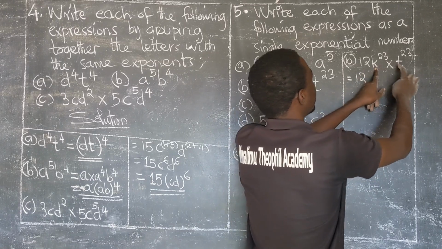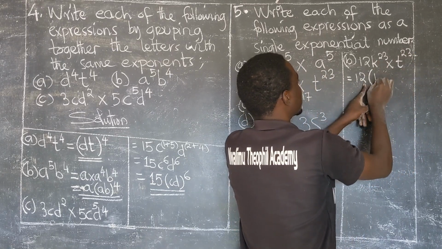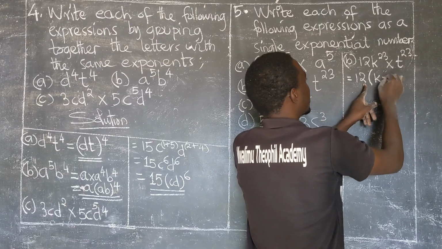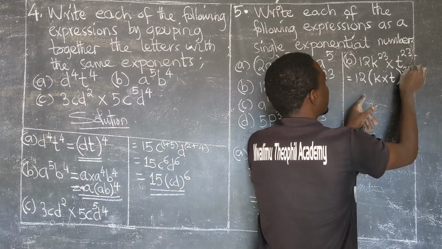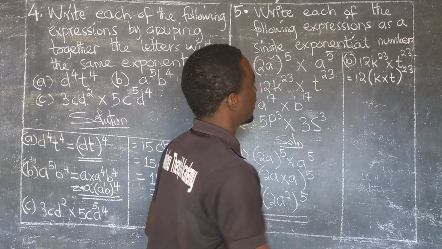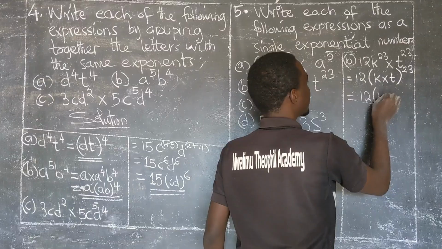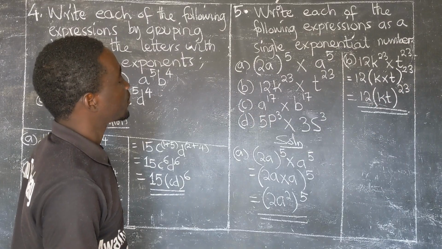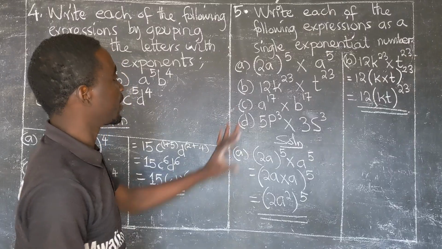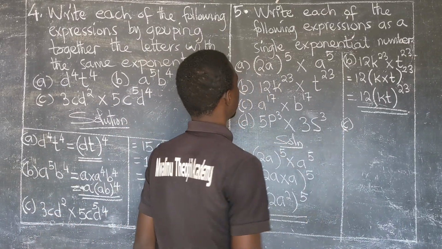We find that k and t have the same exponent. Now we just open the bracket, combine them by multiplying them as they are, and express them under the single exponent this way. Now the answer will be 12 (kt) raised to 23. The number is expressed as a single exponential number. After that, let's go to part C.